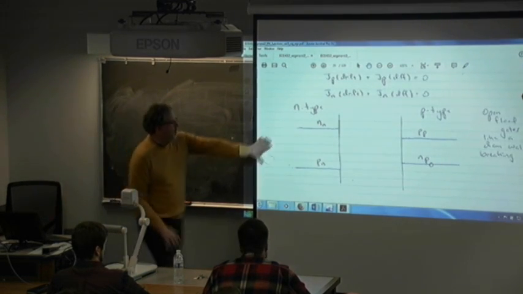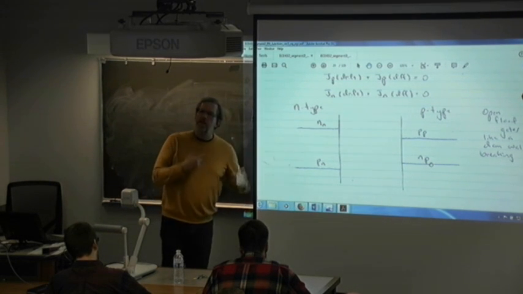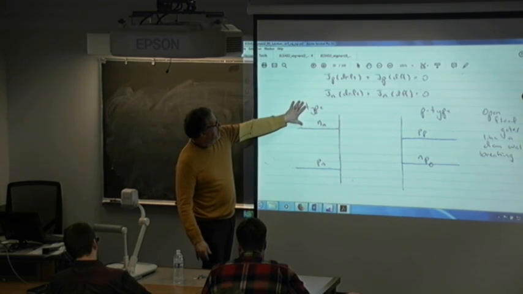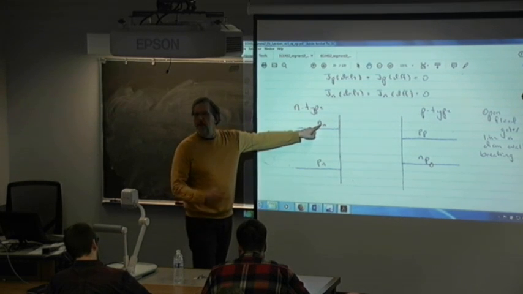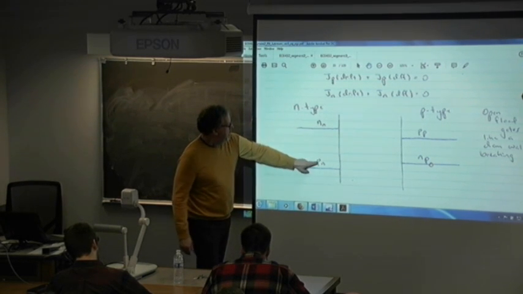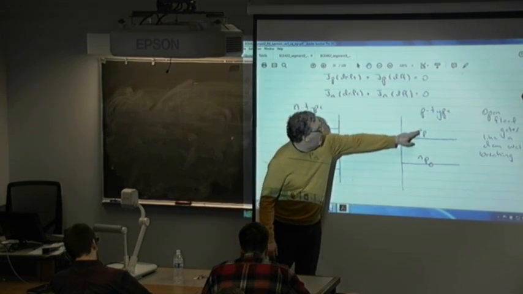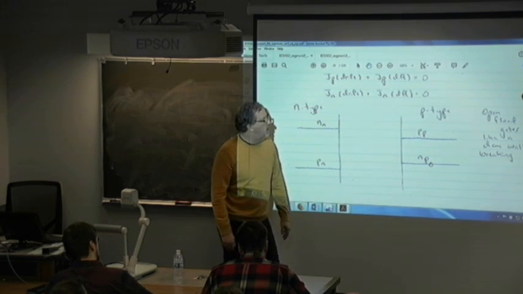So it kind of starts with this. Someone was asking me in office hours today about majority-minority carriers. On the n-type side, we have the majority carriers, the n sub n's. They're basically the donor doping levels. And we have the minority carrier holes. And we have the majority carrier holes on the p side, which is basically the acceptor doping level.